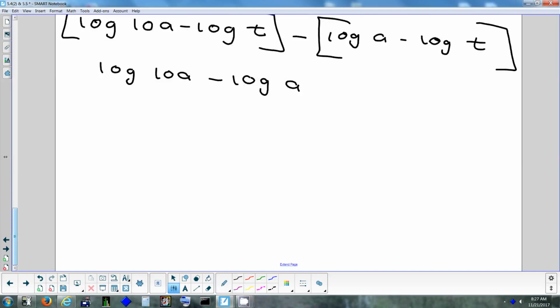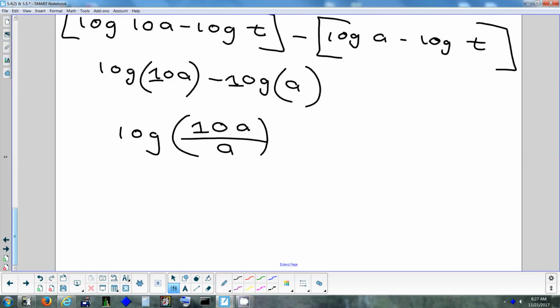Let's recombine that into one log. How does subtraction recombine? Try to make those look like ones. How does subtraction recombine? Yep. Division. Log of 10a divided by a. So it's 10a divided by a.